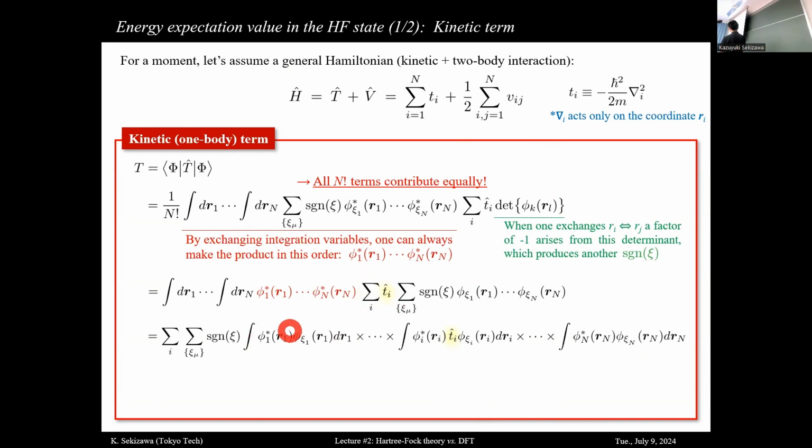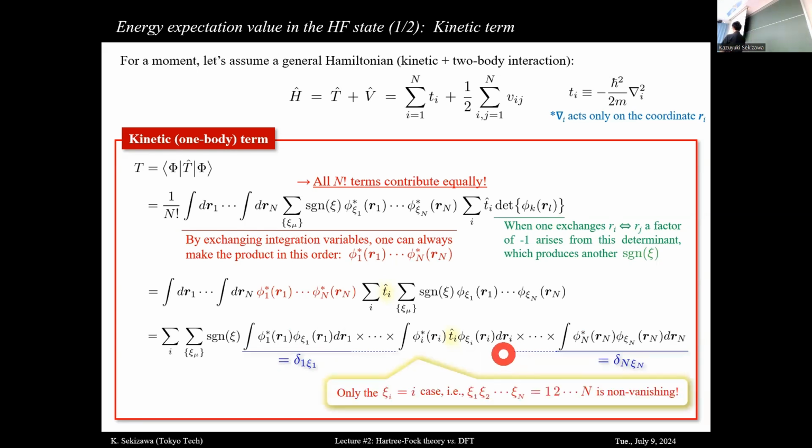So you can make these overlaps except Ri, right? As I mentioned, all the single particle wave functions are also normalized to each other. So you can use this relationship that provides a Kronecker delta except coordinate Ri.